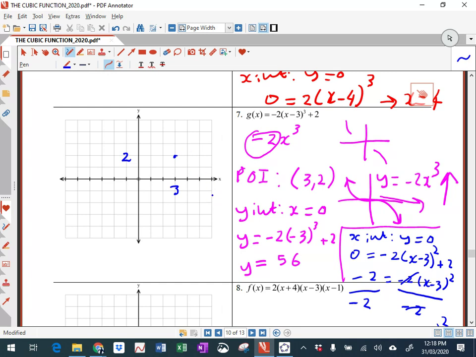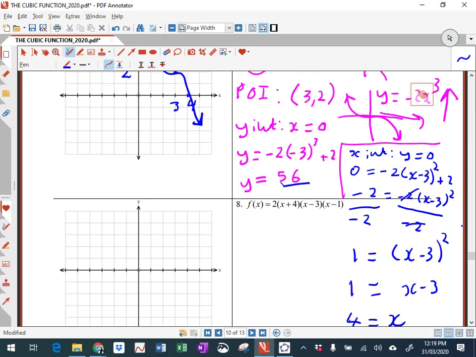Now, I'm not going to go through 4 on the... So here's my x-intercept here. So I'm basically coming through here flat and then down. Okay. And using the current scale I've got, I'm not going to be able to show 56 there. I can't show 2 and 56 on the same axis there, unfortunately.